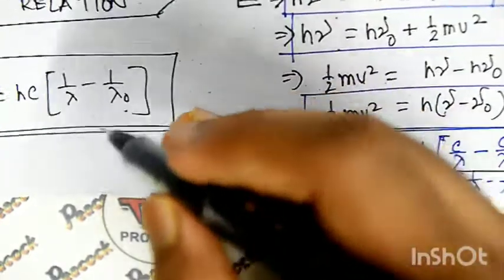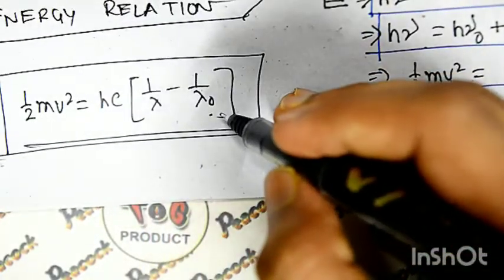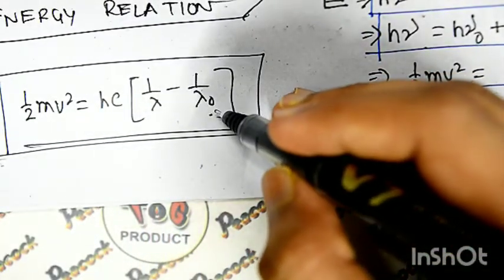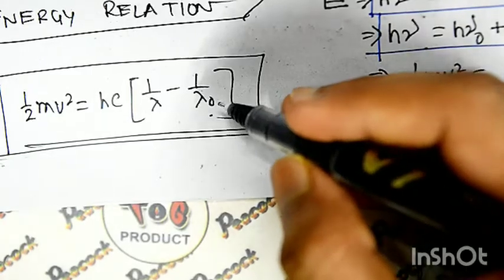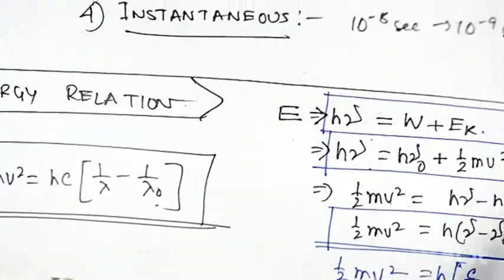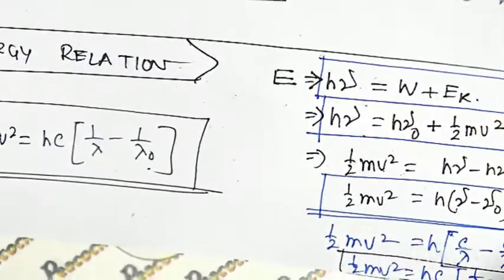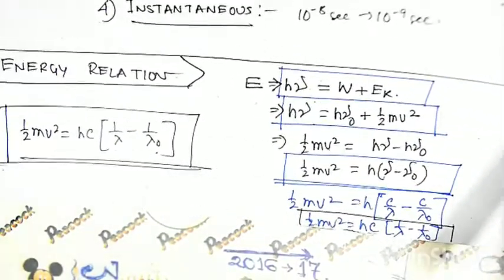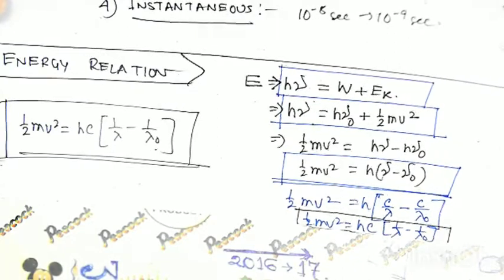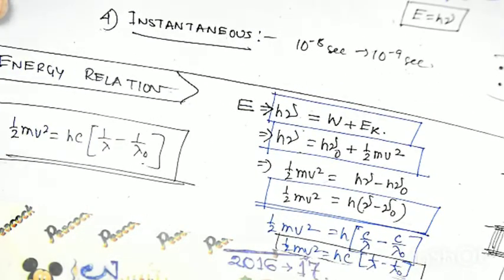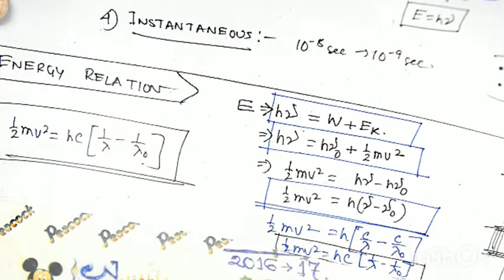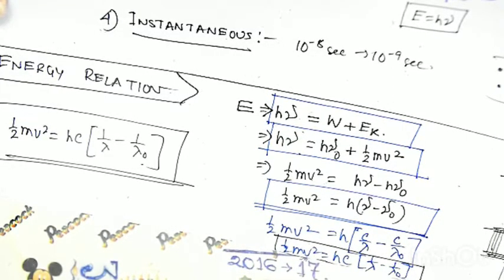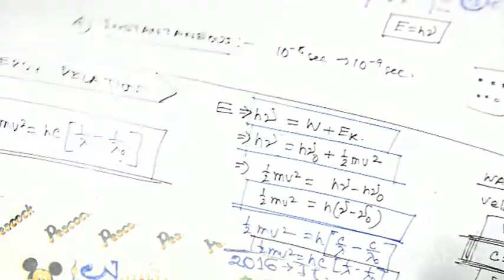Just like it was called the cutoff frequency, lambda 0 is called the cutoff wavelength. So these are all energy equations. Please remember this equation and note it down in your copies. This will be required for your further numerical calculations. Now, going further, we can also draw a graph to determine the value of Planck's constant.